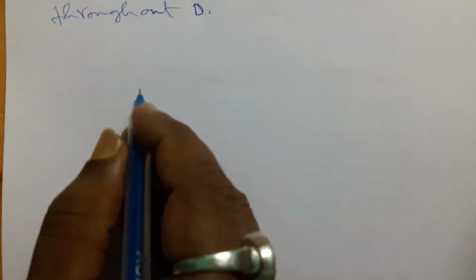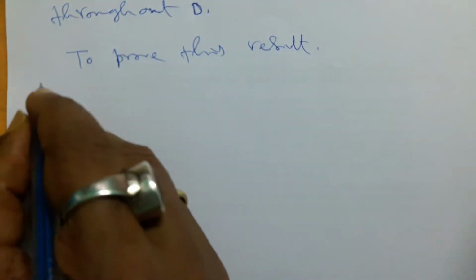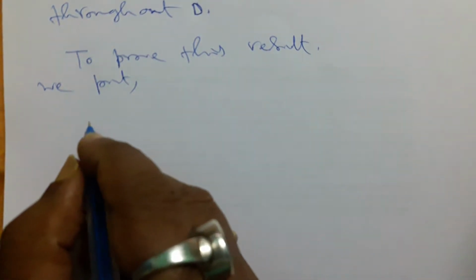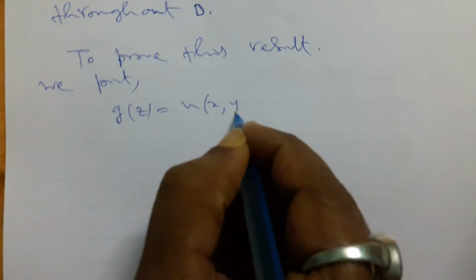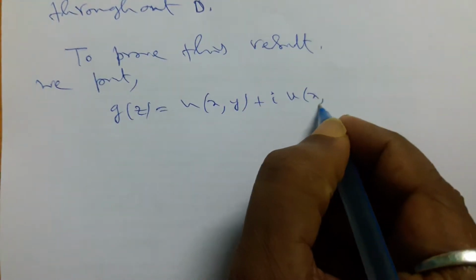Now we have to prove this. To prove this result, we put g(z) equals u, a function of x and y, plus i v, also a function of x and y.